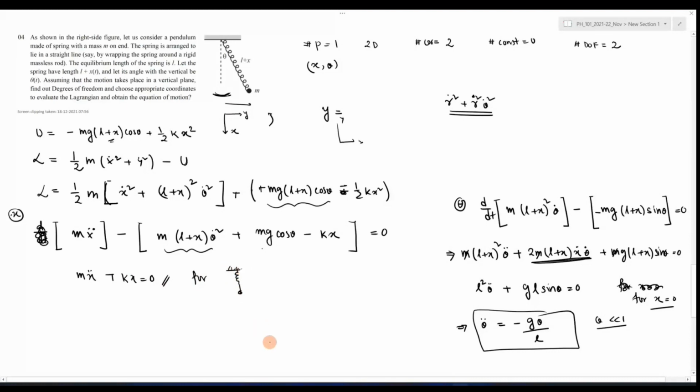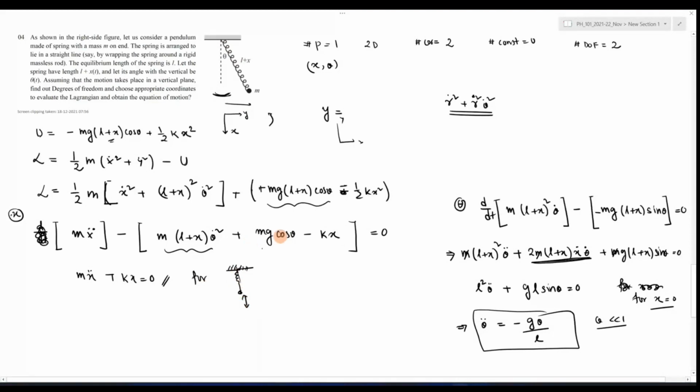Okay? Yeah, why have we neglected the cos theta term? I have finally made the spring like this. I am basically simplifying this case. I am making this case. If our spring is like this, then mg will be there.